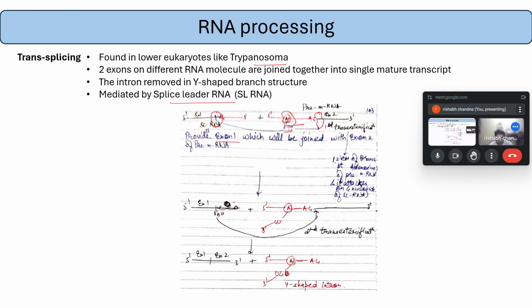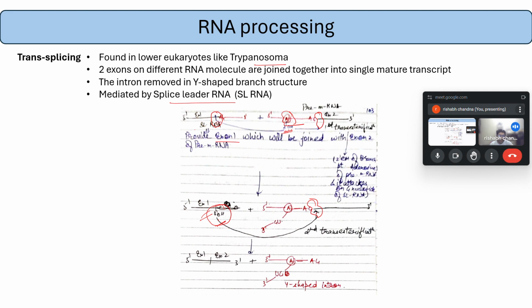Now this 2 prime OH attacks this particular 5 prime splice site and leads to its excision from exon 1. So now exon 1 has a free 3 prime OH. This 3 prime OH leads to a second transesterification reaction and a nucleophilic attack on the 3 prime splice site.